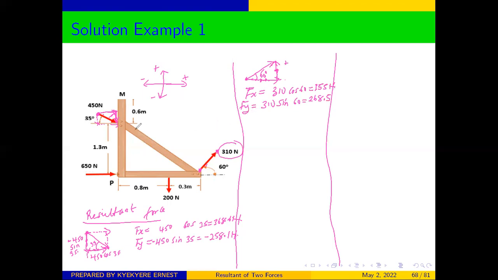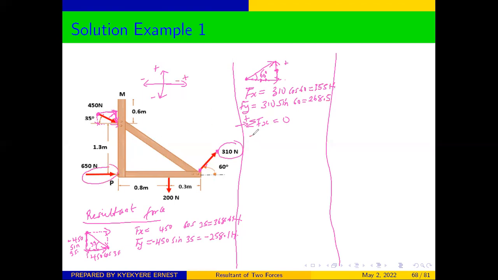Therefore, for us to get the resultant force, we need to sum all the x components of the forces in the x-axis together, and we also sum the forces in the y-axis together. Let's sum the forces in the x-axis first. Anytime you are moving to the right, it's positive. So we have x for this force here, it's moving in this direction, it's positive.